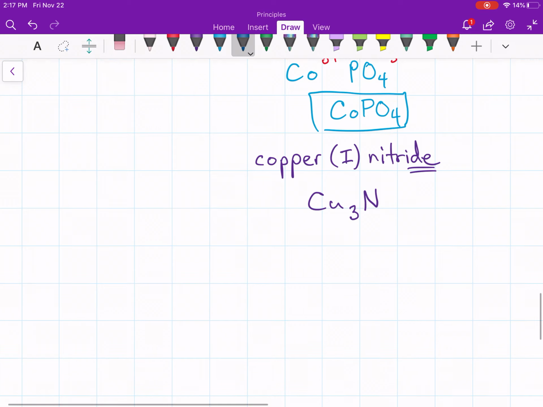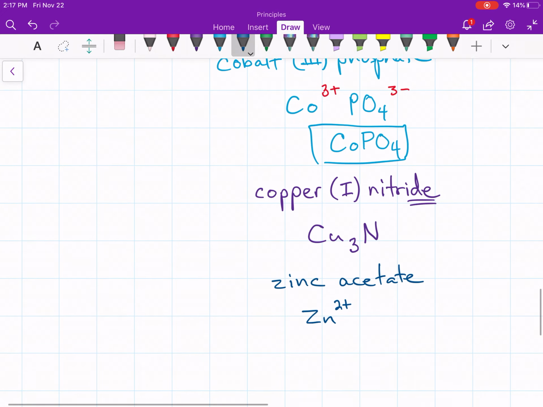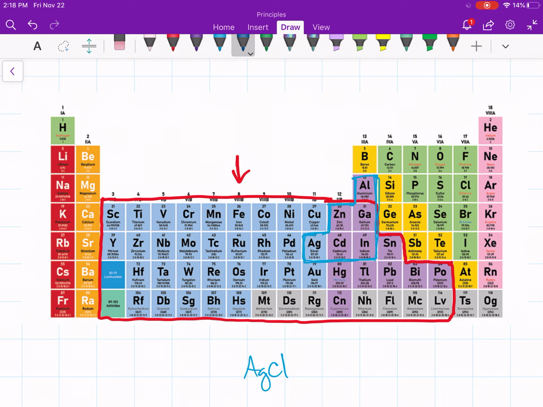All right, let's try one more. Let's go with zinc acetate. Okay, so hopefully, if you didn't remember, you can rewind the video and watch and see that zinc is one that has a constant charge, even though it's a transition metal. So it's in that little staircase that I just outlined for you. It's right here, okay?